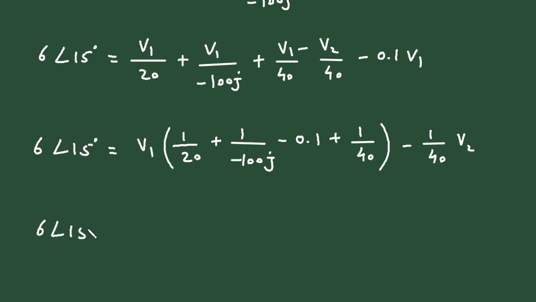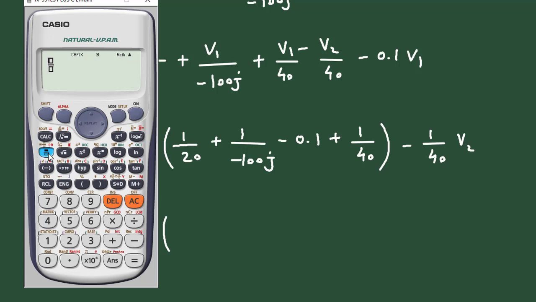6 at an angle 15 degree is equal to V1 in bracket 1 by 20 plus 1 upon minus 100 into j minus 0.1 plus 1 upon 40.